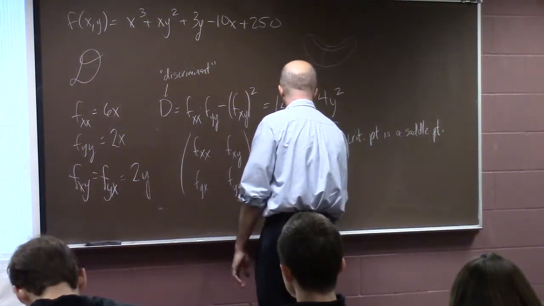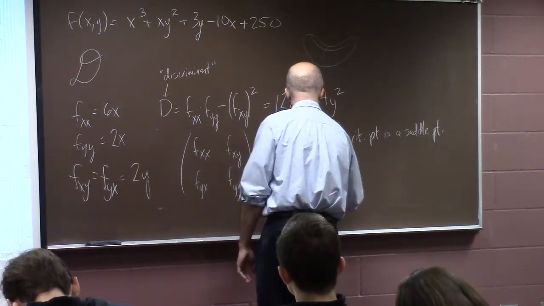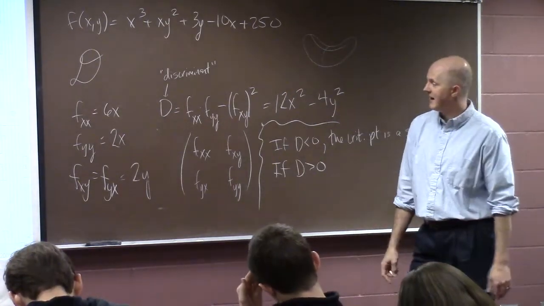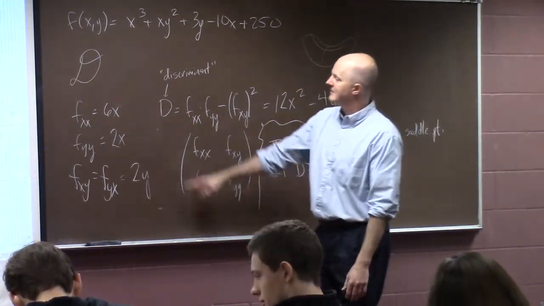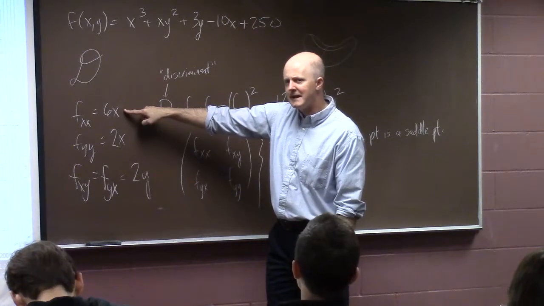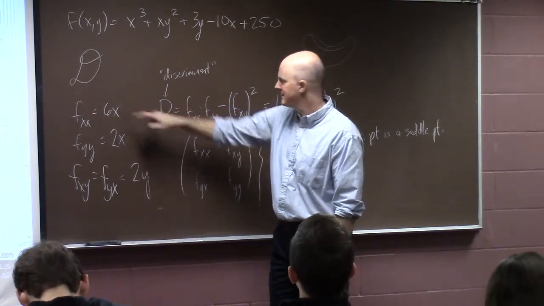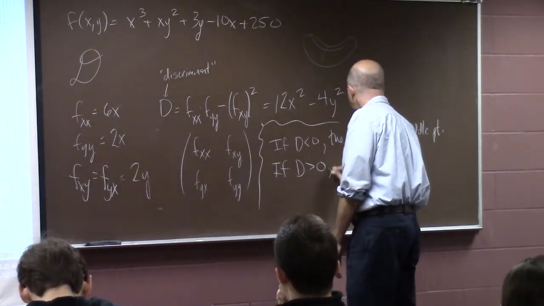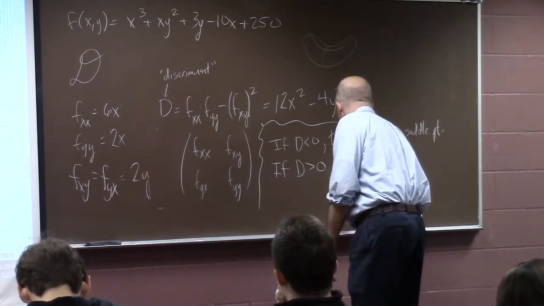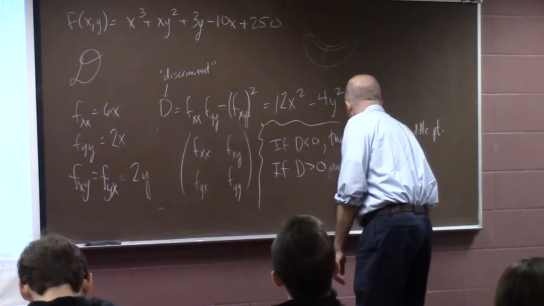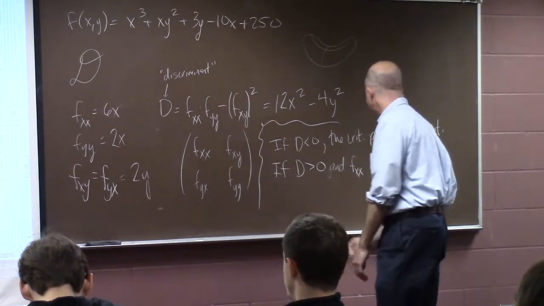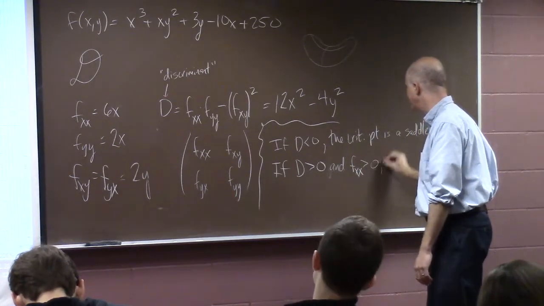If d is greater than 0, then 2 different things can happen based on, the book takes it to be this thing, positive or negative. What happens if that second partial fxx is positive? What does that mean?